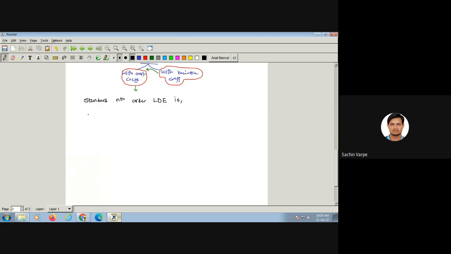It is a naught times the nth order derivative of y with respect to x, plus a1 times the n minus 1th order derivative of y with respect to x, and so on, plus a n minus 1 times the first order derivative of y with respect to x, plus a n y, equal to a function of x.